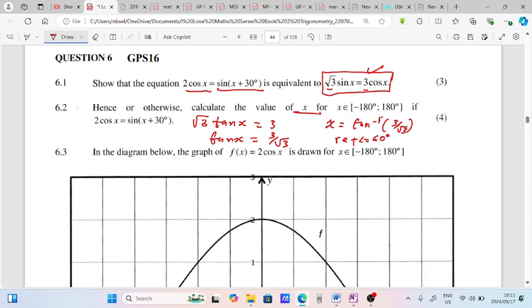But for tan, we just find one side. So for tan we simply say x equals 60 degrees plus k times 180 degrees, where k is an element of the integers.